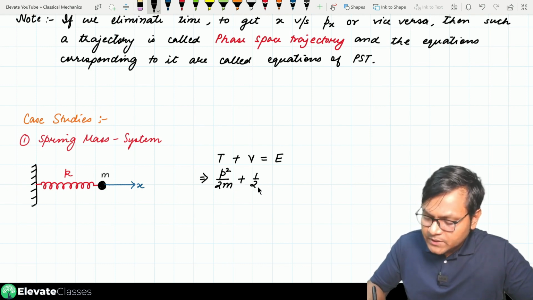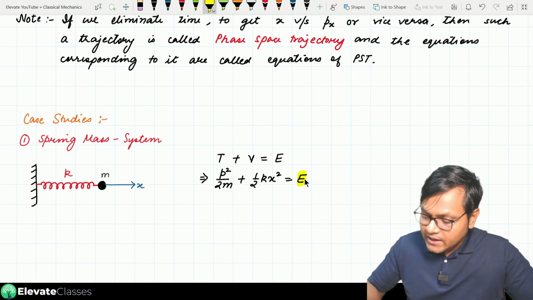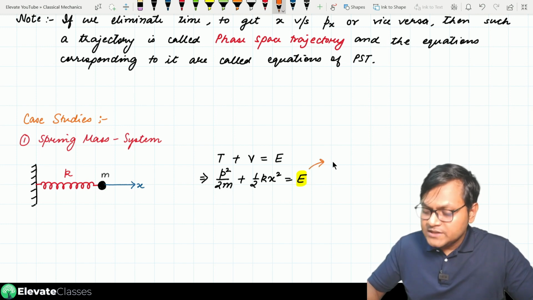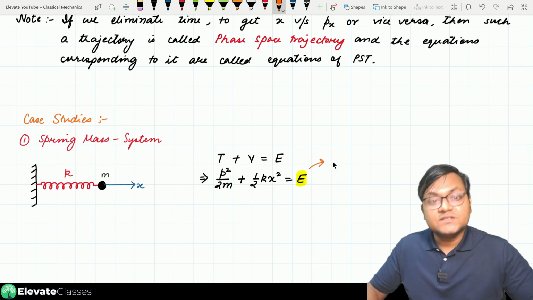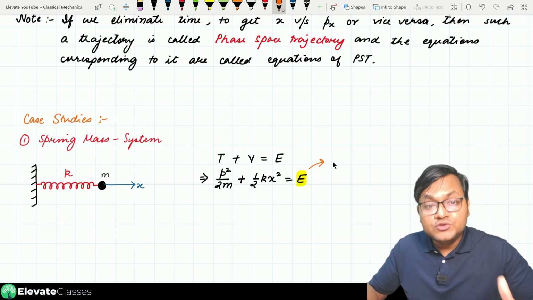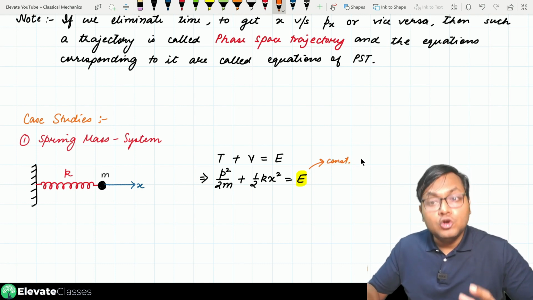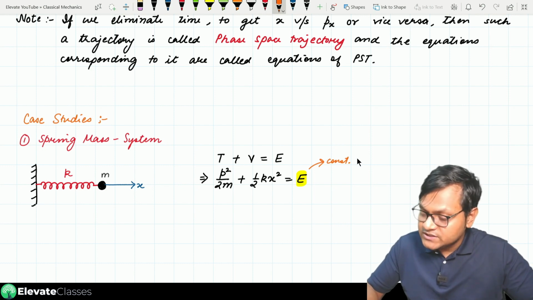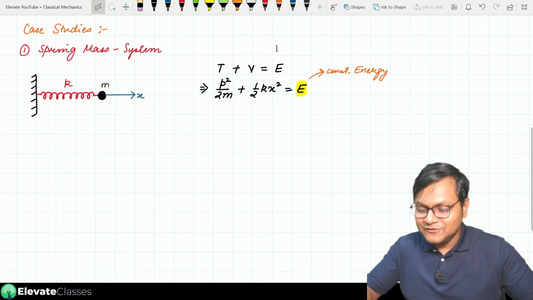And potential energy is simply half kx square, okay, is equal to E. This is essentially the energy equation, where E is the energy. If there is no dissipation and no drag forces, it is an ideal system and it is not losing energy as movement takes place, so we can call it a system that does not lose energy. So the energy remains constant. All right. So there we have it. We already have this equation.